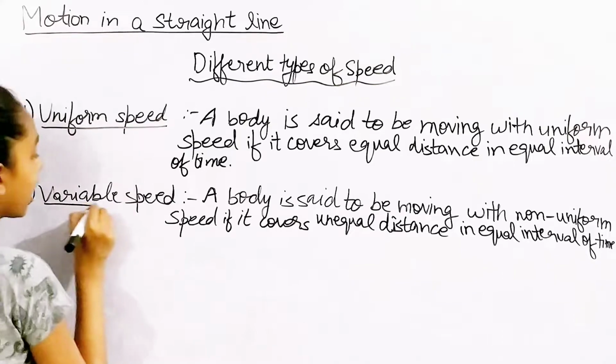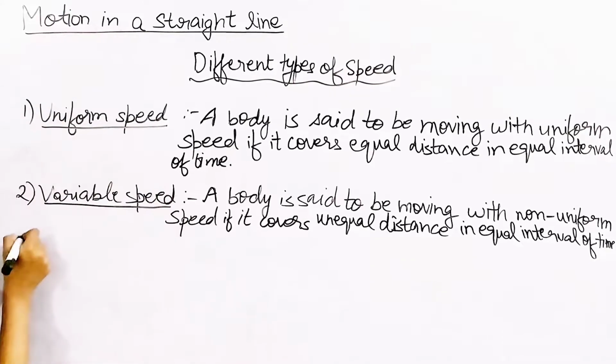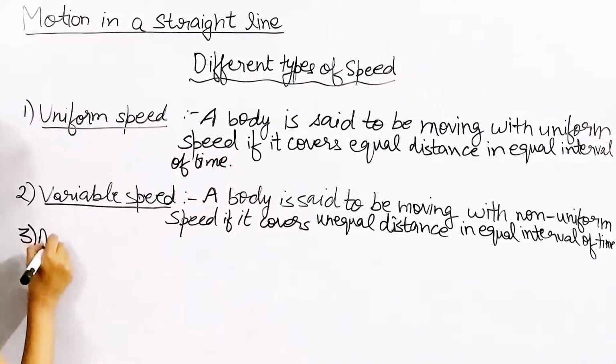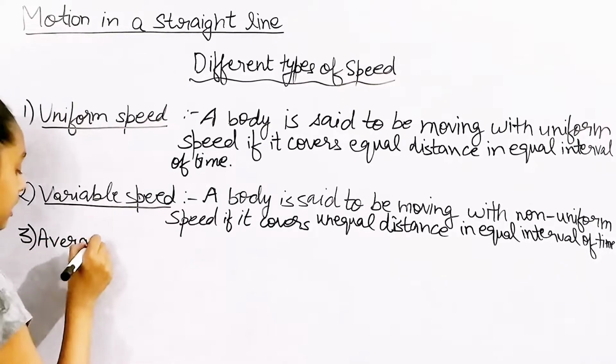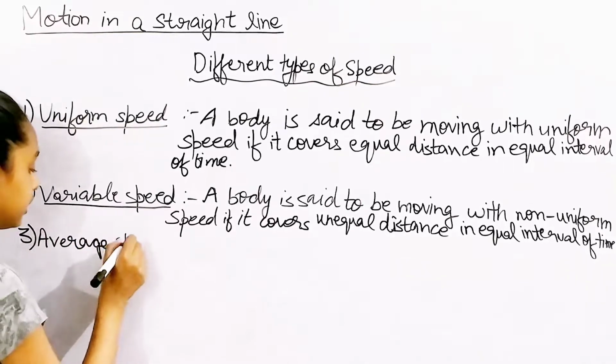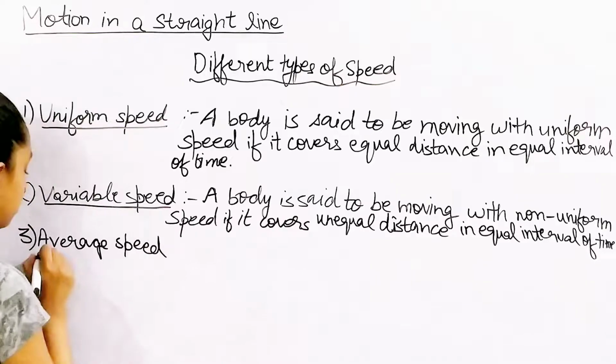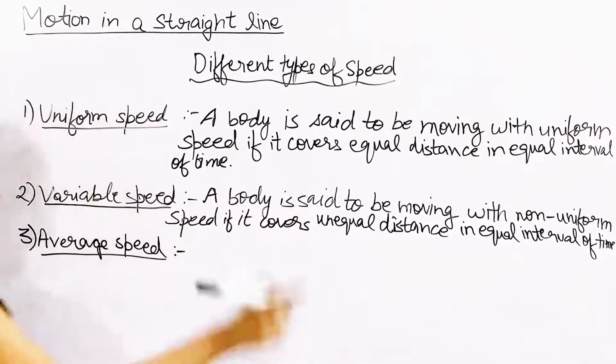Now let's talk about the third type of speed, which is going to be average speed. What's average speed?